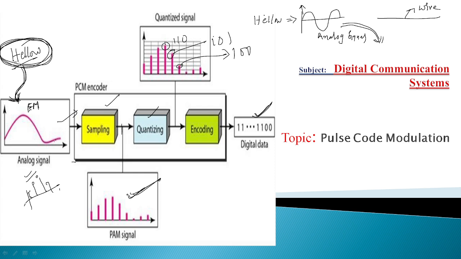Here the quantized levels are equivalent to a predefined digital encoded value. Each and every signal, with an infinite number of samples, has a predefined equivalent encoded value. That code is the digital signal. After this, they can transmit the digital signal. So this is about basic pulse code modulation.